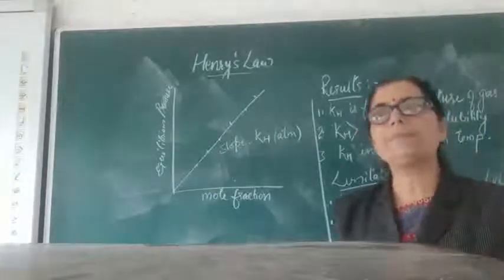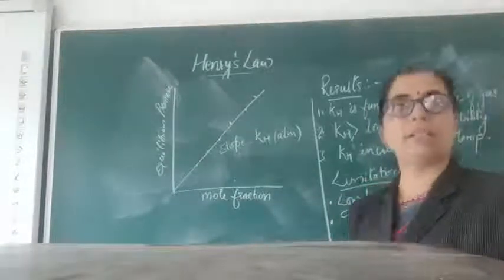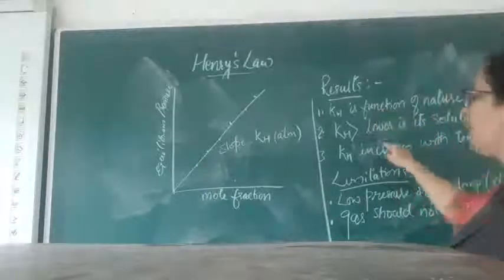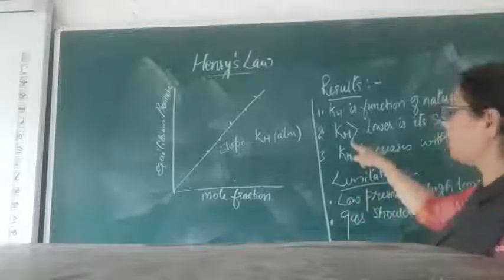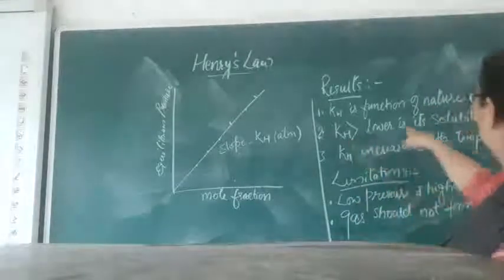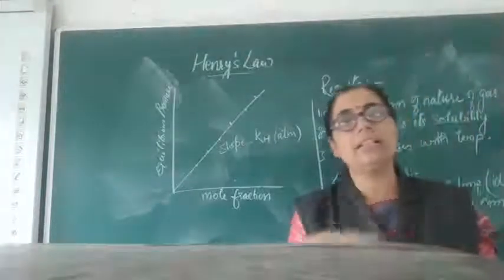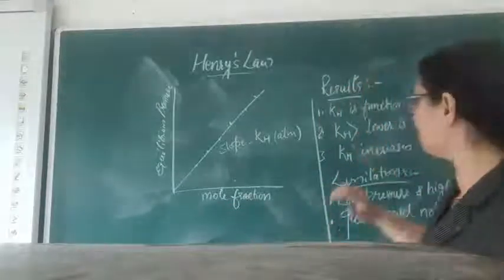It also depends upon the solvent which we are taking and the temperature at which we are working. So the first result is that. Second, the higher the Henry's constant, the lower will be its solubility. You have seen that solubility increases with the decrease in the Henry's constant.